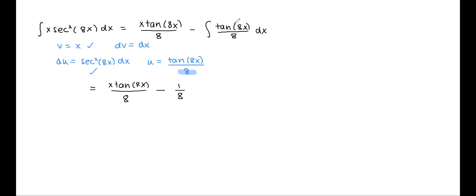So the antiderivative of tangent is minus ln of cosine of 8x. And then I can divide this by 8 because the inside function is not just x, it's 8 times x. And then I have plus c.